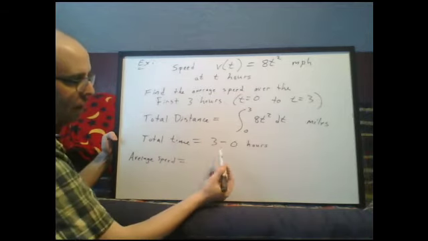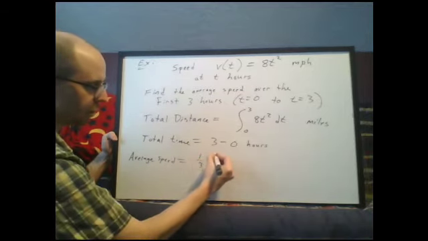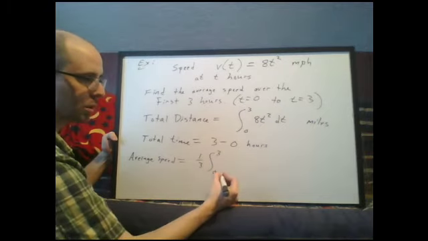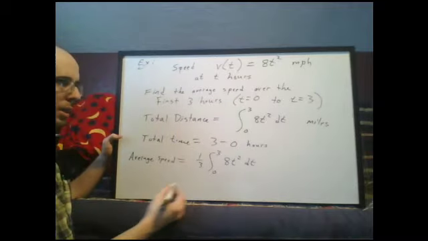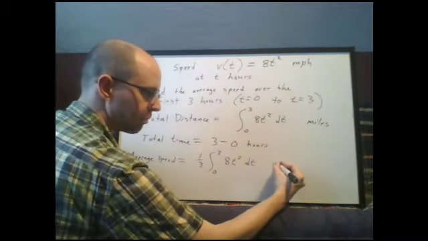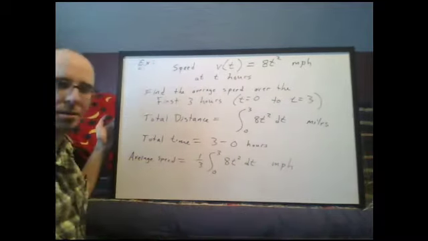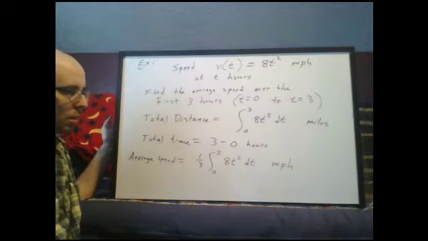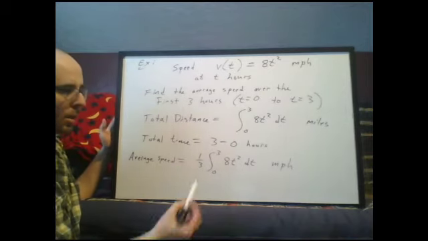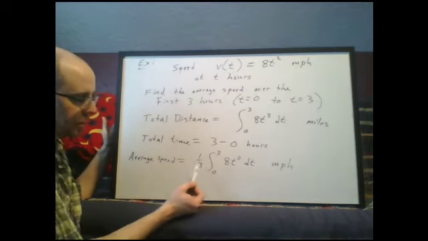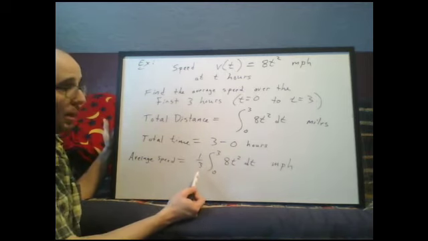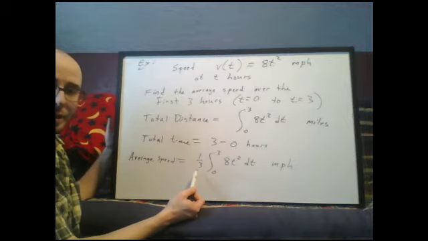That's this divided by 3, or 1/3 integral from 0 to 3 of 8t squared dt. And now miles divided by hours would give me miles per hour again. Right? So this is exactly the average value formula. There's my integral, there's 1 divided by my length of the input interval, 3 minus 0.